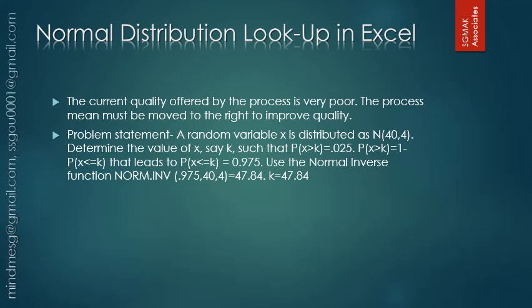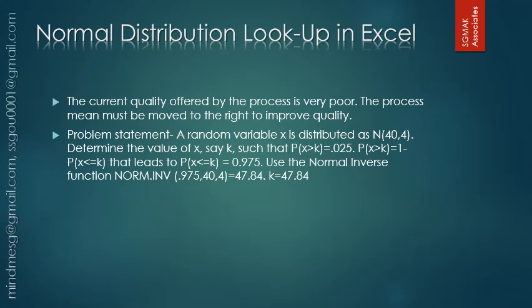A random variable x is distributed as normal with a mean 40 and standard deviation 4. Now determine the value of the random variable, an arbitrary value k, such that the probability x greater or equal to k is 0.025. Whenever you have a greater than probability, you convert it into 1 minus the less than probability.